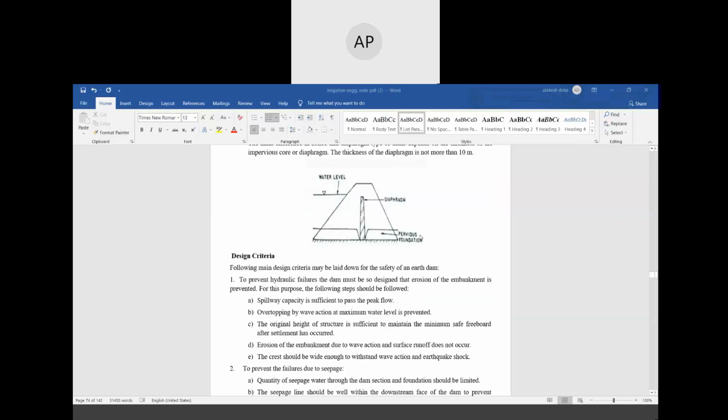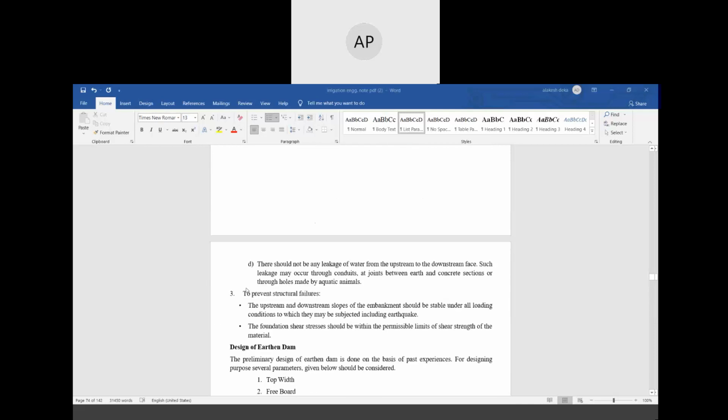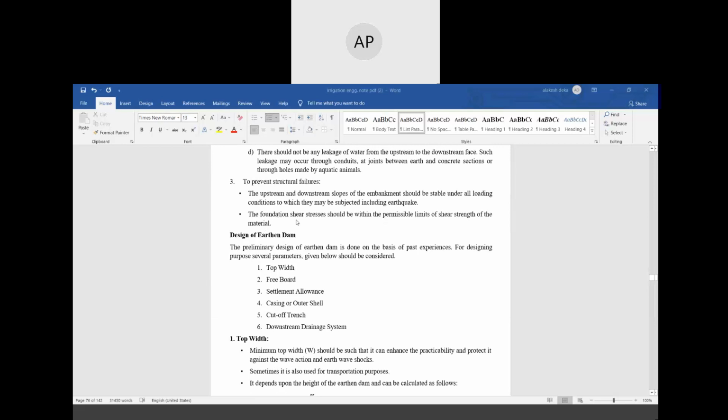So in diaphragm earthen dams, there is a diaphragm in the middle of the dam. Design criteria: there are some design criteria for the safety of an earthen dam.